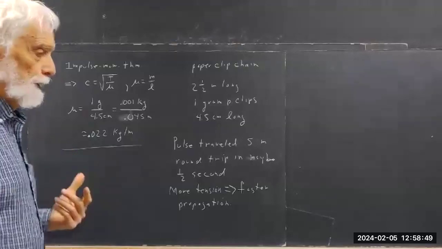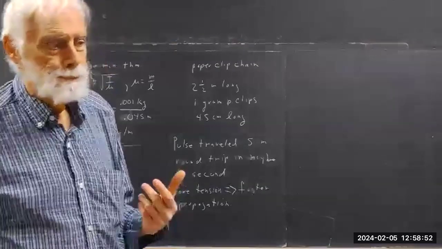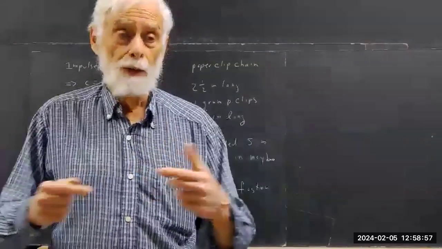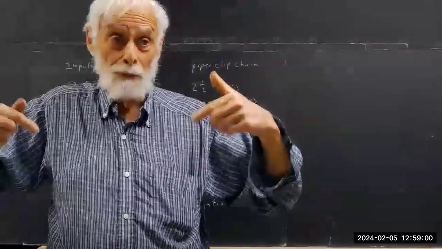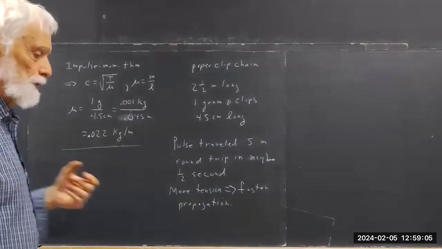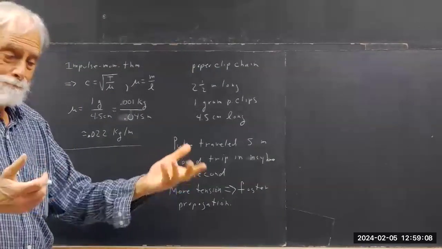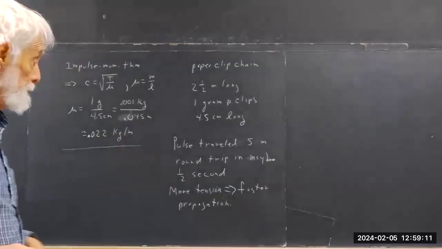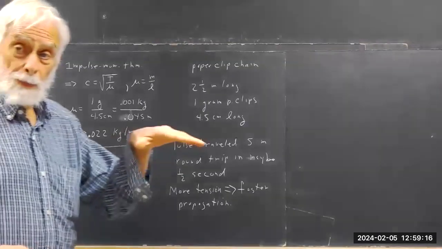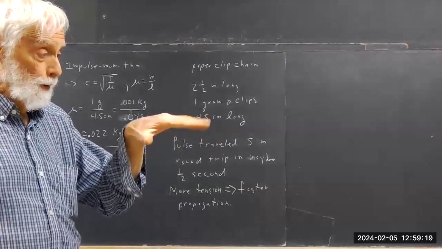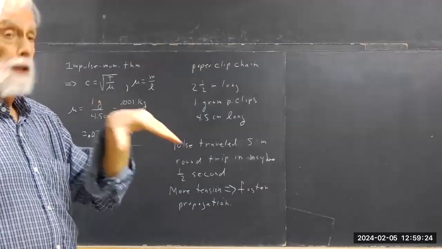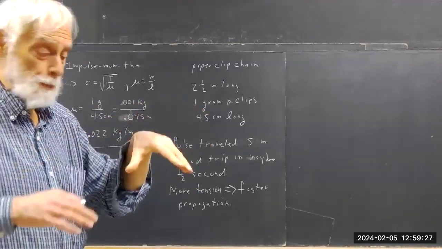So the point is that the tension at the ends is greater than the tension at the middle, because the tension in the middle is just the horizontal component of the tension at the ends. The difference depends on the angle of the chain at the ends, assuming it's the same height at both ends.